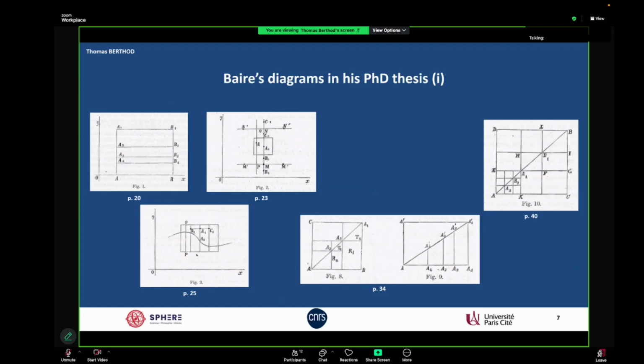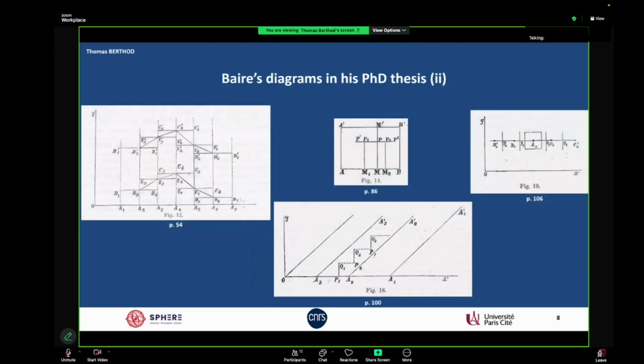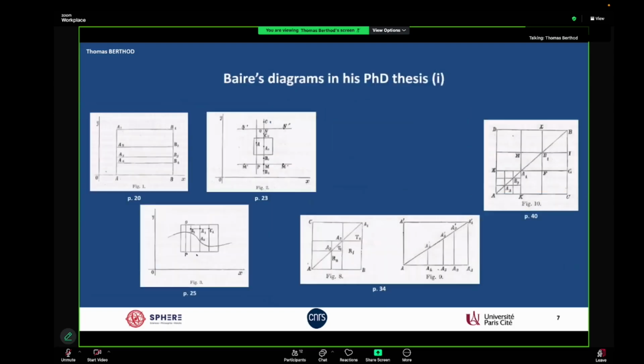If you observe the diagrams on the right, at page 40, for example, you have other diagrams, and you also have diagrams at page 100, and the length of the PhD thesis is around 120 pages. So you really have several diagrams, and in every section you could find some of them. It's not just concentrated at the beginning or at the end.